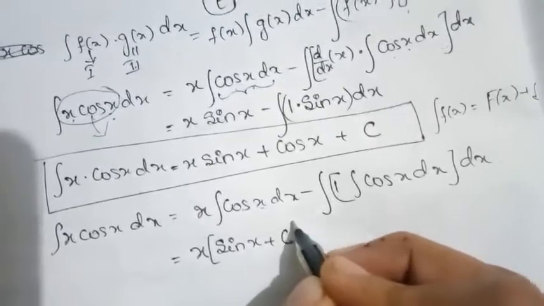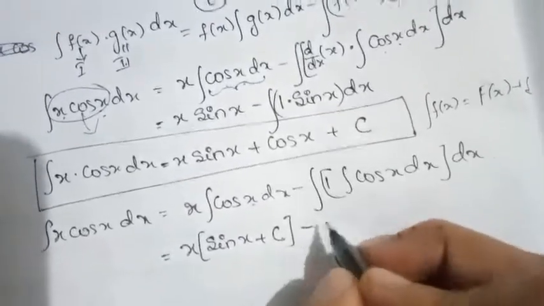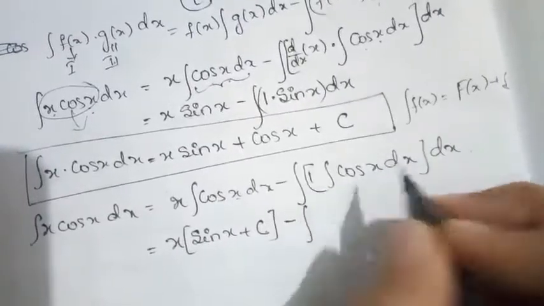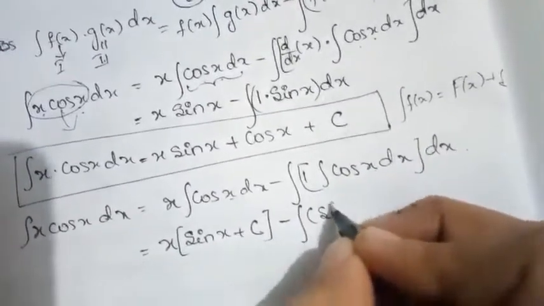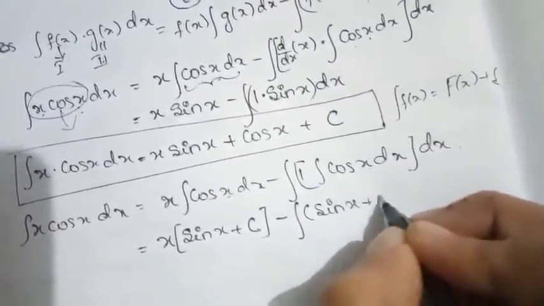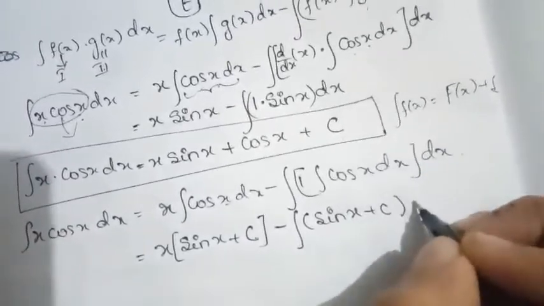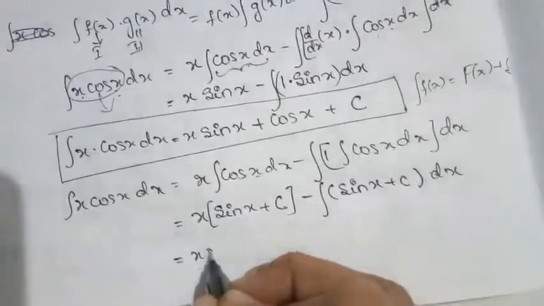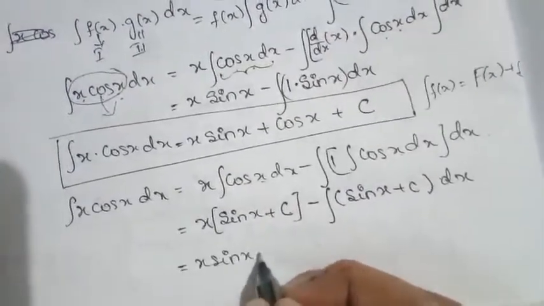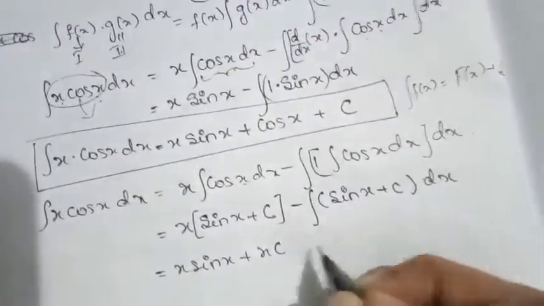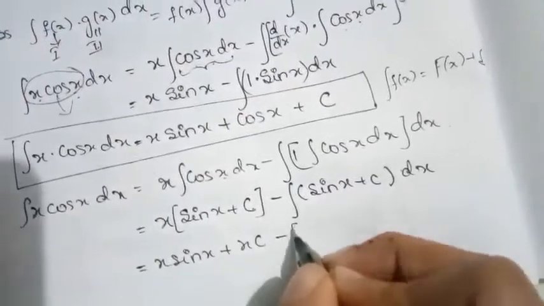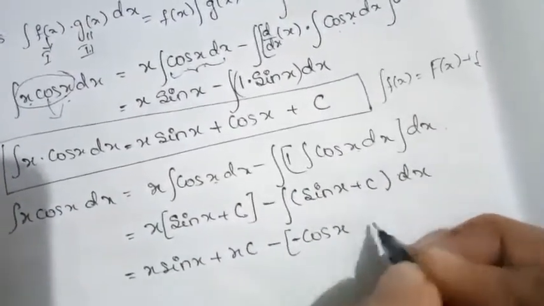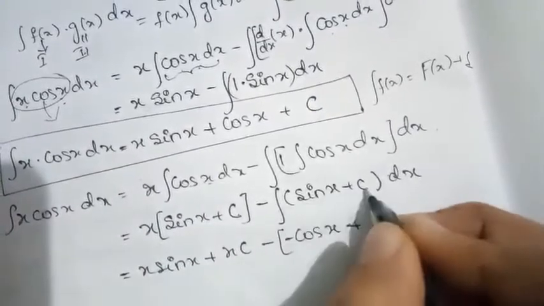Sin x plus c, minus integration of, here it is differentiation, we got one. What is the integration of cos x? It is again sin x plus c into dx. Now what happens? x sin x plus xc minus, what is the integration of sin x? It is minus cos x plus, what is the integration of a constant?